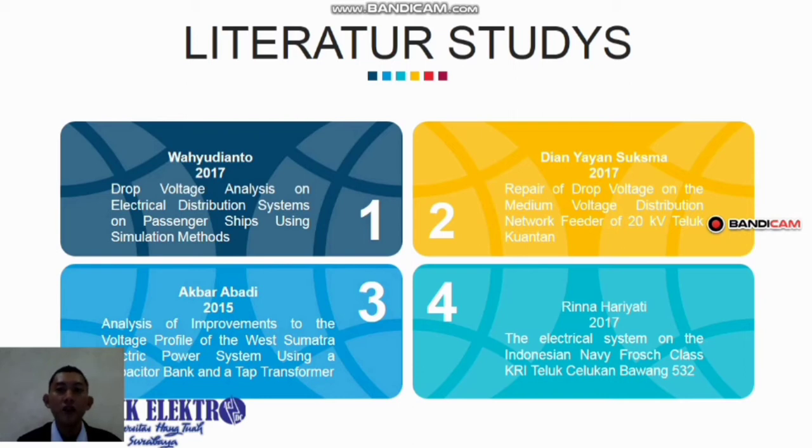The purpose of this study is to provide an overview of the electrical system on the Indonesian warship Celukan Bawang 532. For the development of my research, it is almost the same as this research, but my research focused more on drop voltage analysis and drop voltage correction methods.